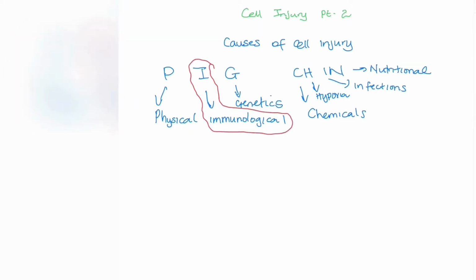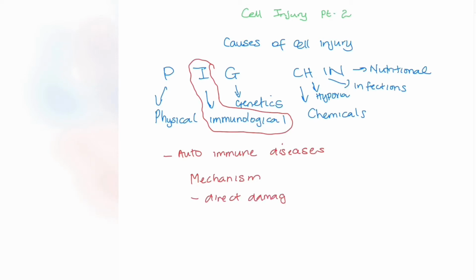The next cause of cell injury is immunological causes. The body's immune system is designed to defend or protect the body against external agents such as viruses, bacteria, fungi, and parasites. But in certain cases, your body can attack its own cells, tissues and organs, and in this case you will have autoimmune diseases.